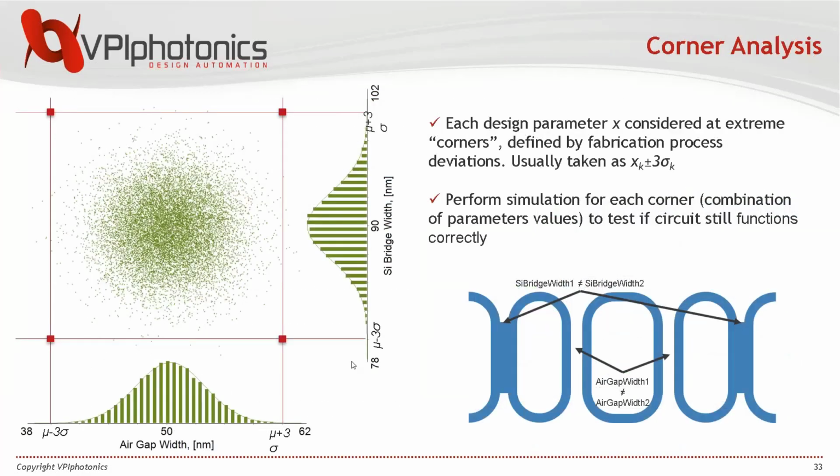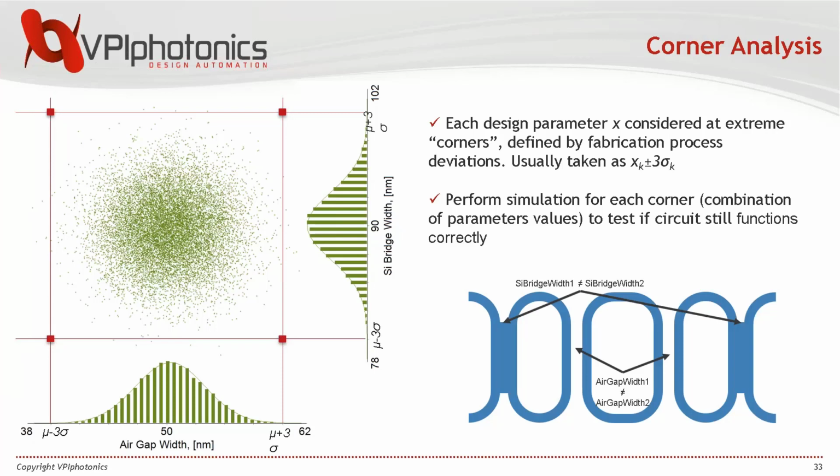Okay, here is an example of corner analysis. Variation in waveguide widths surely results in variation in air gap widths and silicon bridge widths.